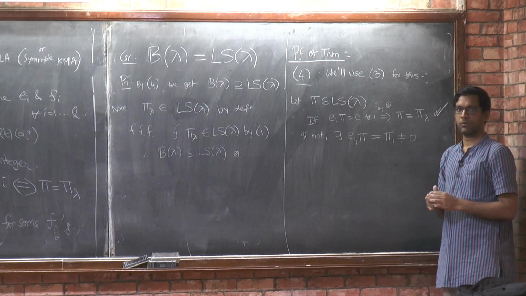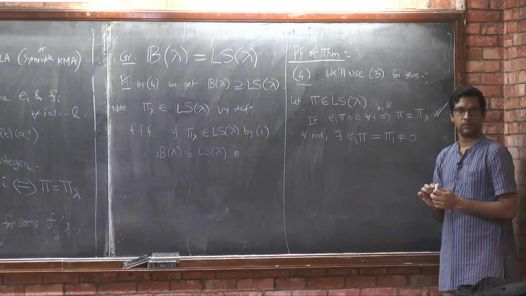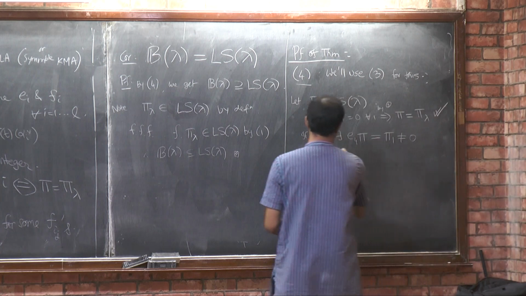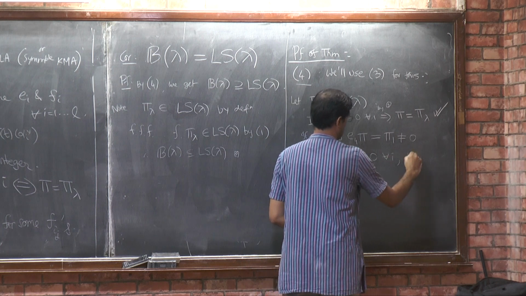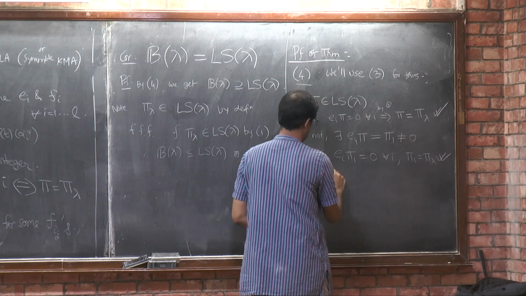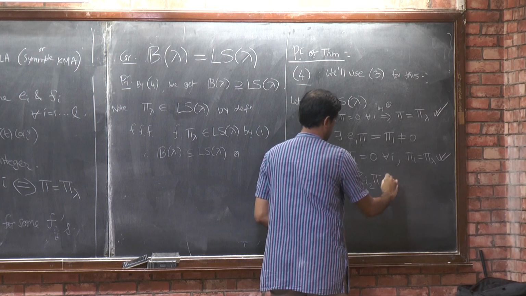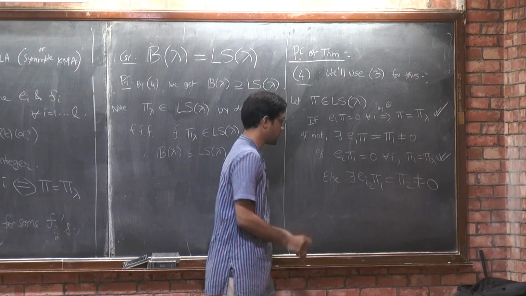Now this process, if it stops at some point, okay, so keep going. If E_i pi 1 is 0 for all i, pi 1 must be pi lambda, and again you're done. Else find E_i2, which will give me another non-zero path.